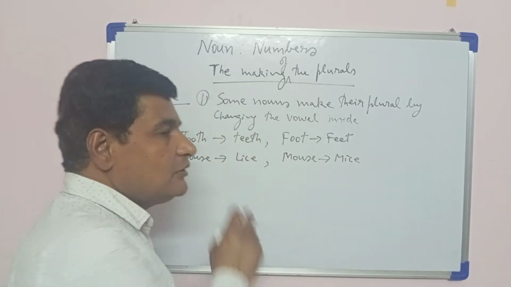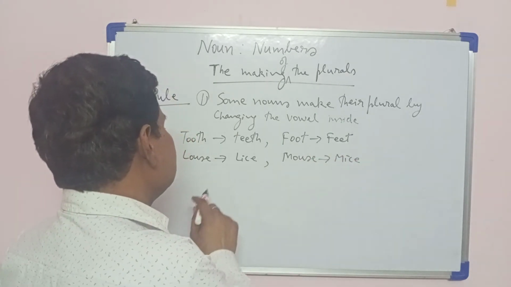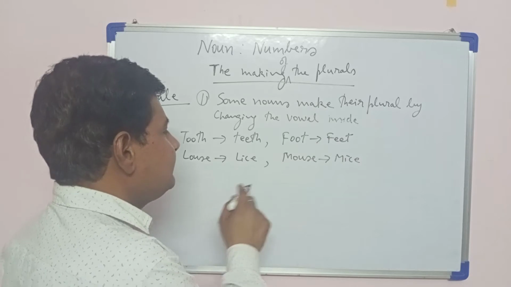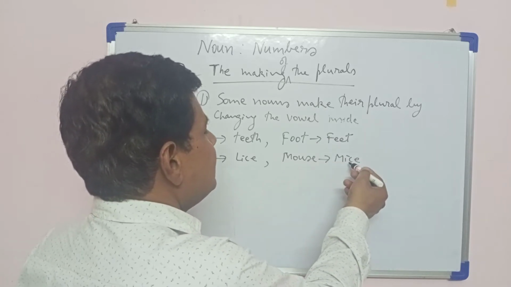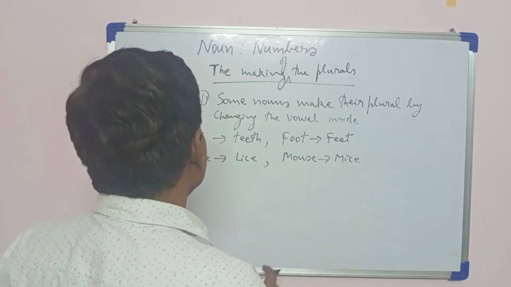Here you can see the vowel O is changed into E in both these examples. Here also O is changing into I. Okay. Here O is changing into I for making this plural.